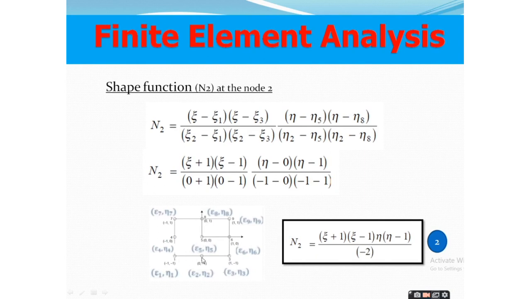So we have to write the equation with respect to the eta direction: eta minus eta1 and eta minus eta3. That's represented here.